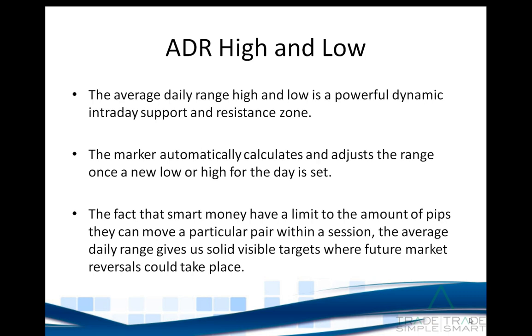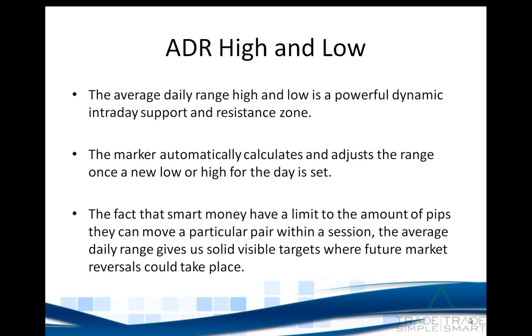Now, smart money have a limit to the amount of pips that they can move a particular pair, and we learnt this in our first couple of sections, that they have limits imposed on them by the IMF, which only allows them to move a pair a certain amount over a certain period.